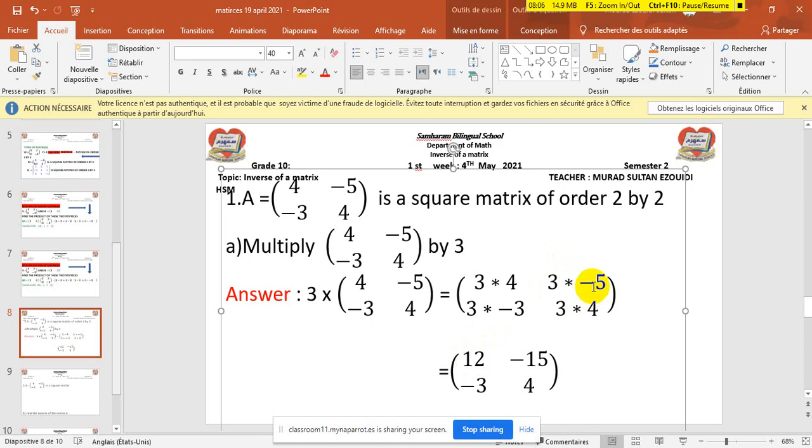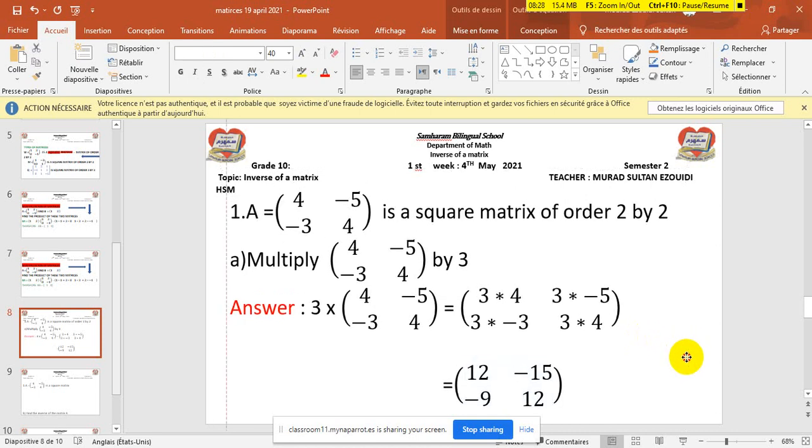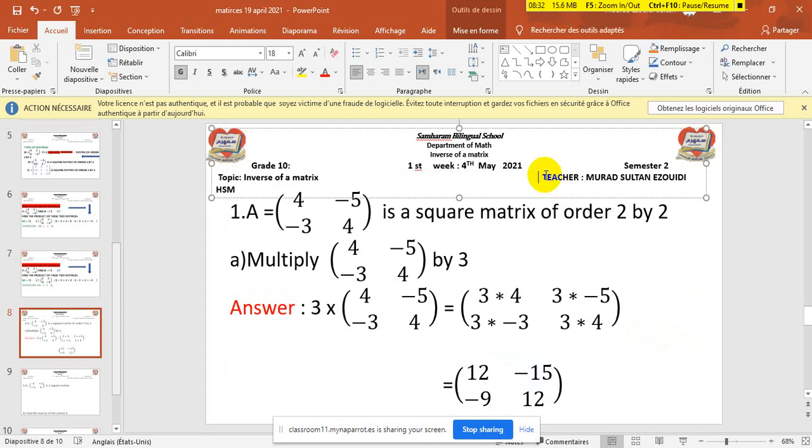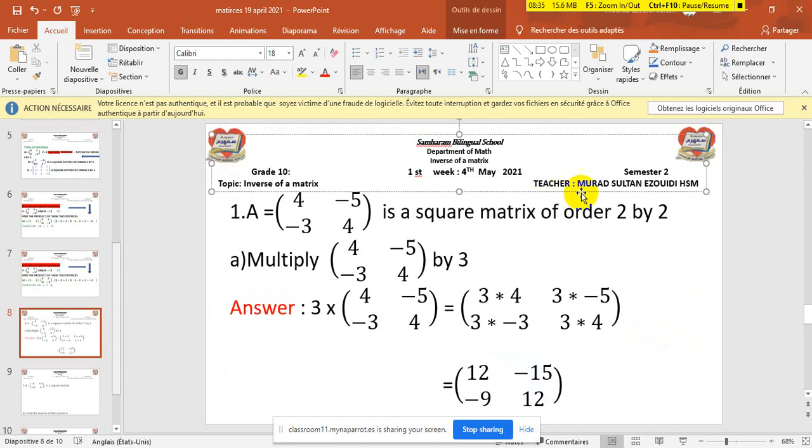Then 3 multiplied by -5 is -15. Then 3 multiplied by -3 is -9. And 3 by 4 is 12. This is how to multiply a matrix by a scalar, or by a real number. Clear? Please write this. This is the answer.